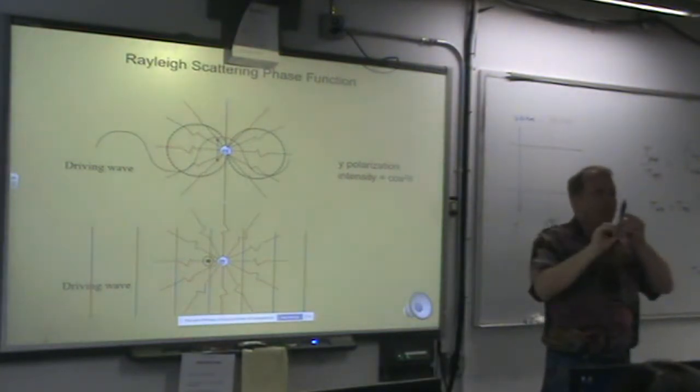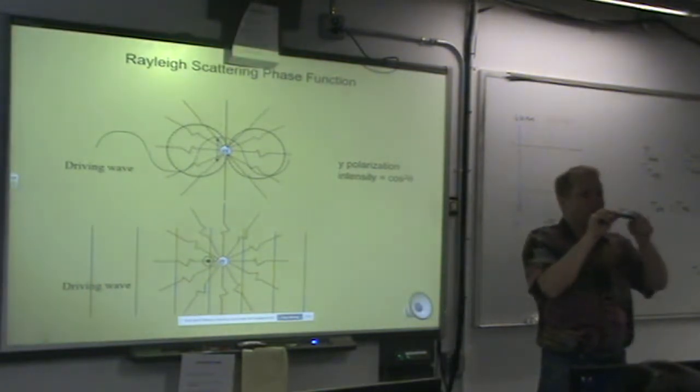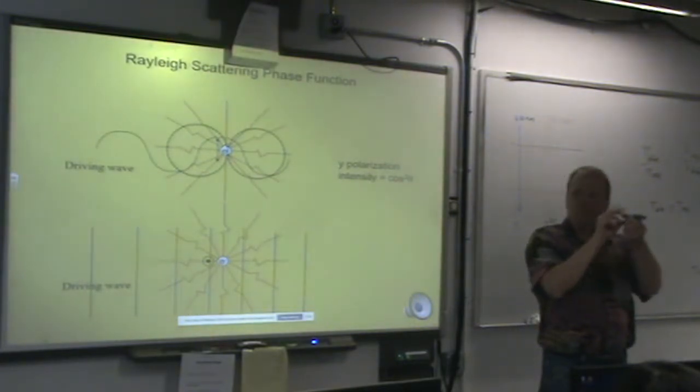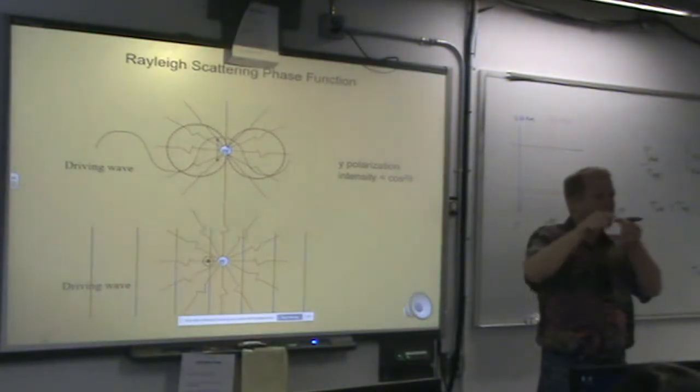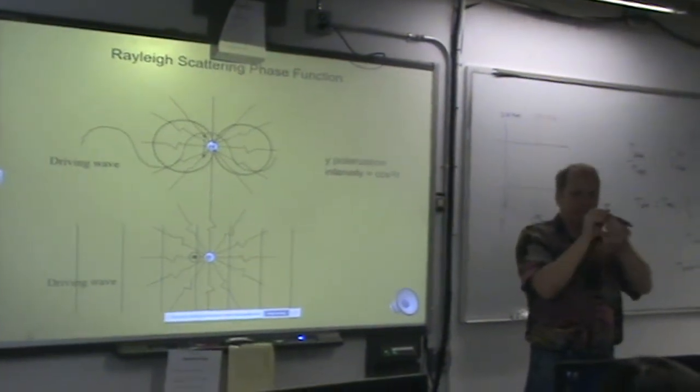But if I go like that, how much of the pen do you see? Is it pointing right at you? Almost nothing. How much do you see here? Almost the full length. So it depends on what direction you're looking at. So we have these two polarizations.